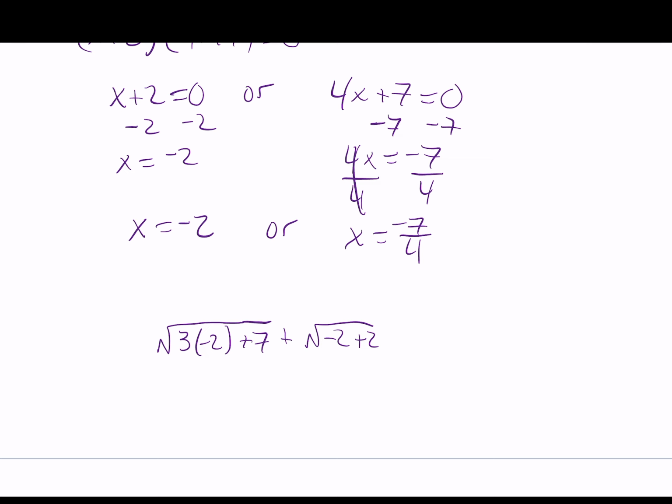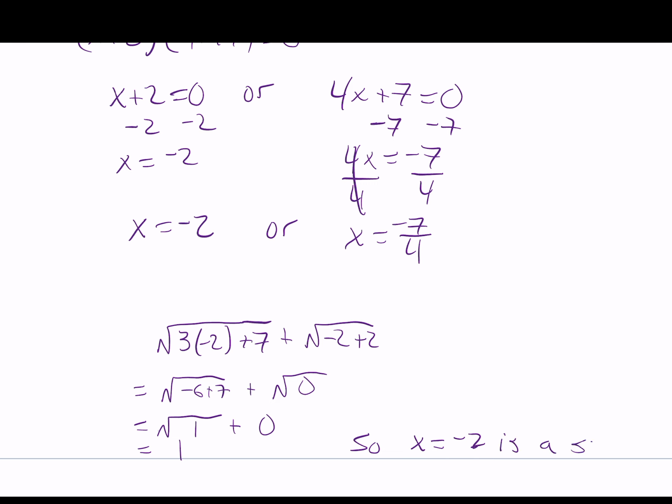And we want this to be equal to 1. So 3 times negative 2 is negative 6 plus 7, plus the square root of negative 2 plus 2, which is 0. So we have the square root of negative 6 plus 7 is the square root of 1, plus the square root of 0, which is just 0. And the square root of 1 is just 1. So x equal to negative 2 is a solution.